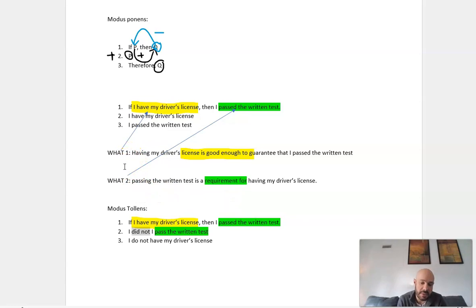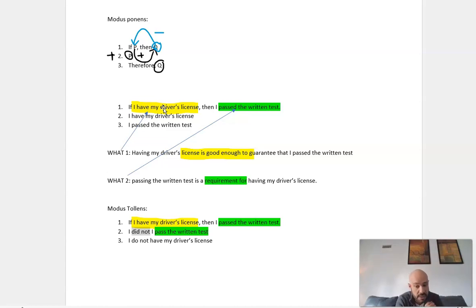I'm calling them what statements because I'm asking you, what are you claiming in that sufficient condition? Because after that, I'm going to ask you to check your conditions for genuineness. Checking your conditions for genuineness is seeing if my necessary condition really is a requirement for my sufficient condition.